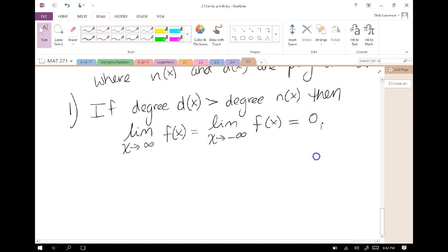I wrote this in limit notation, but what we said in pre-calculus class is that this means we're going to have a horizontal asymptote of y equals 0. As long as we get a finite number, that limit is the same as a horizontal asymptote.